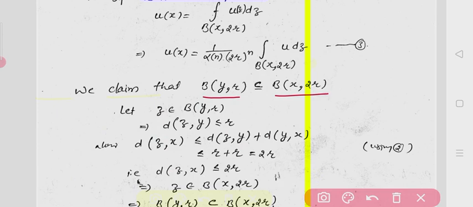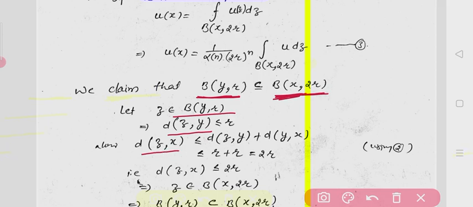So for this, every point of this should be contained in this one. So let us take z belongs to B(y,r) arbitrary. If z belongs to this ball, that means the distance between z and y will be less than or equal to r. We have to show that z belongs to this one, so we have to find out the distance between z and x.